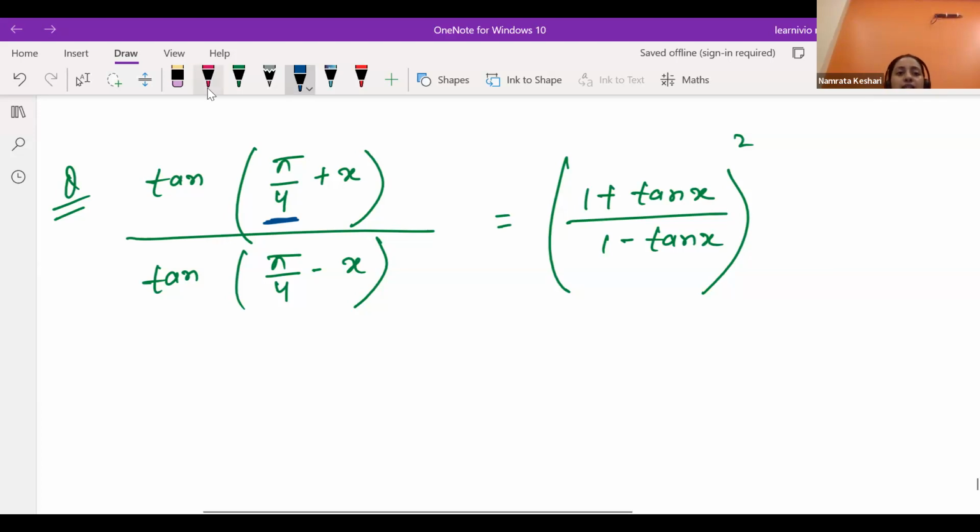So the formula says that tan(a + b) is equal to tan a plus tan b, by 1 minus tan a tan b.